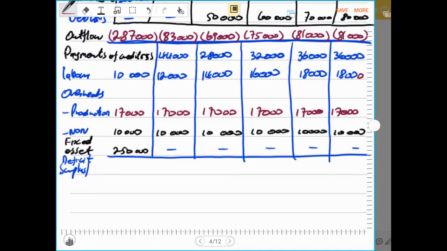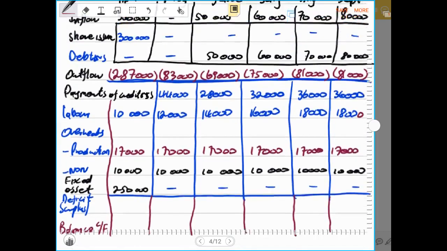Then the last part will be the balance brought forward, balance carry forward. So now we'll be recording up to the balance, and we'll be done with our cash budget.